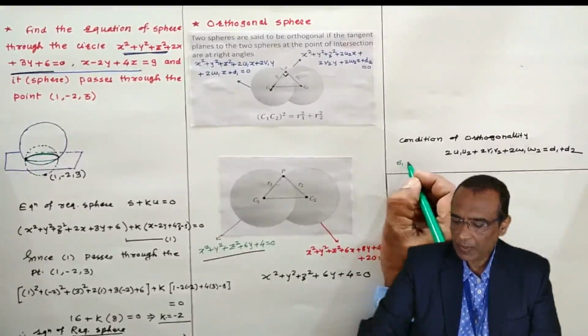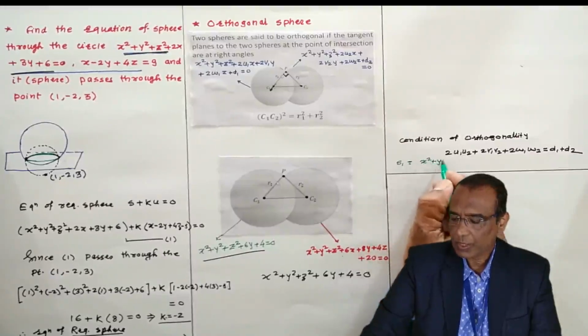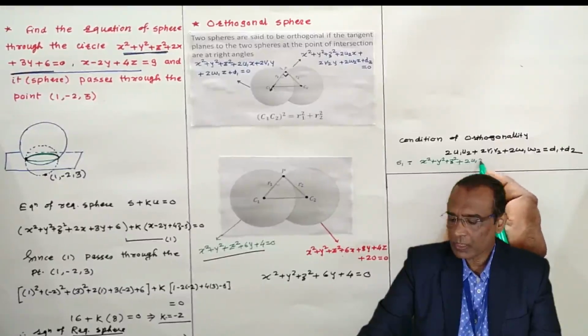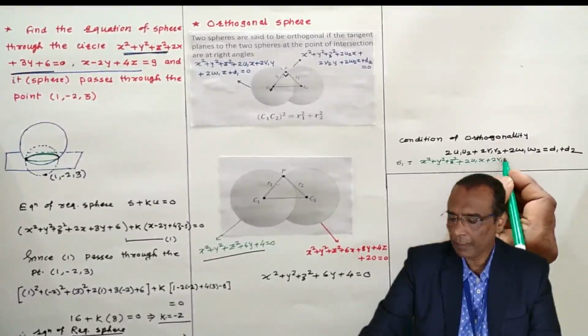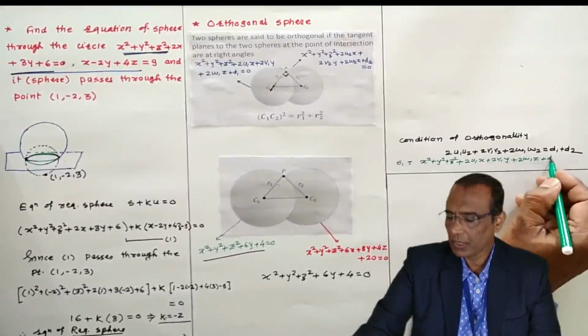S1 is a sphere: x square plus y square plus z square plus 2u1x plus 2v1y plus 2w1z plus d1 equals 0.